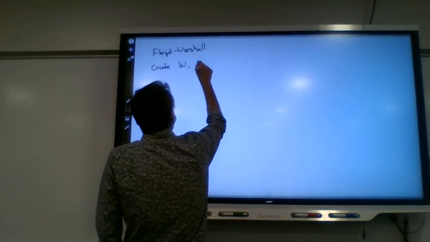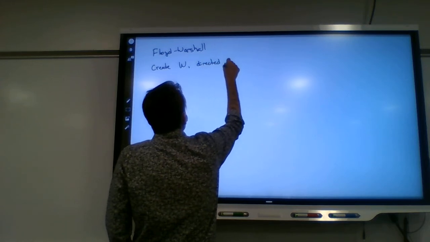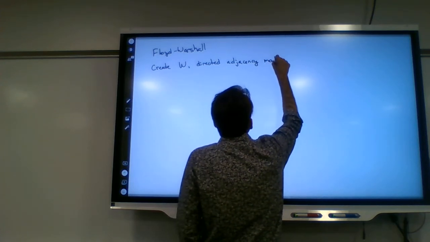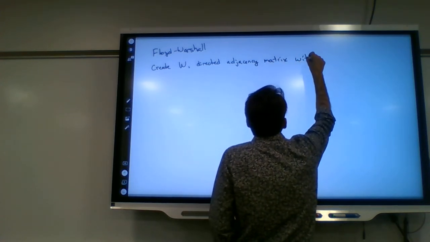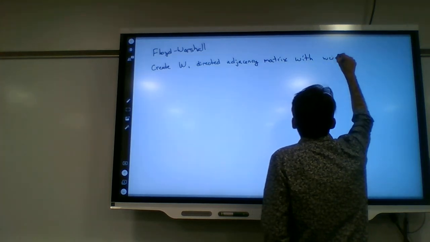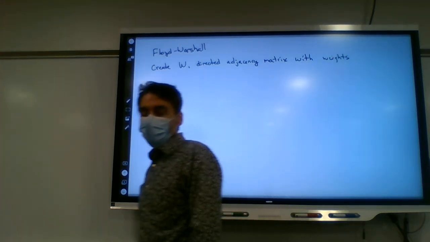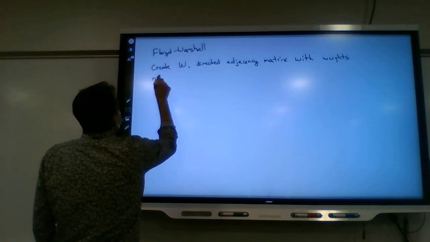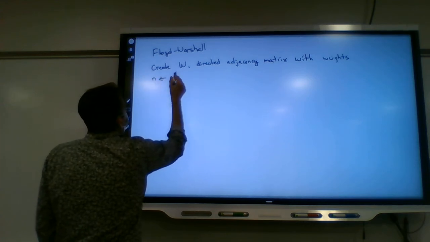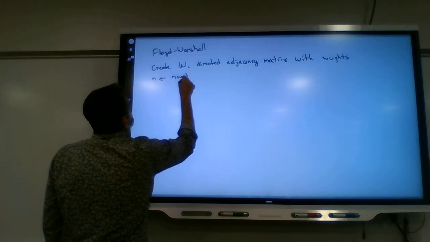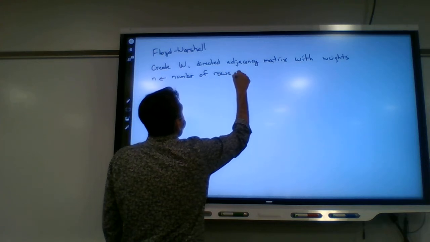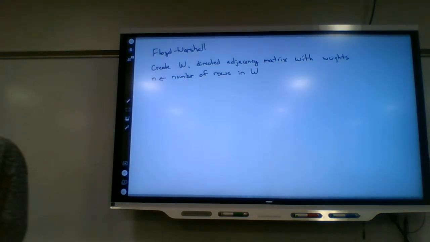So this is our directed adjacency matrix with weights. N is the number of rows, and that's going to correspond to the number of vertices.